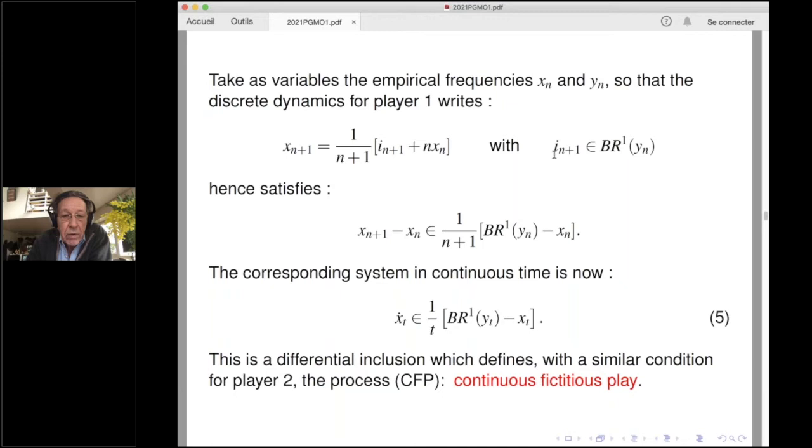Okay, this is a discrete differential inclusion. Okay, the difference in the average move of player 1 is a point in this set. Okay, so the corresponding system in continuous time will be x dot, this is the time derivative, belongs to 1 over t times br1 of y minus x. Okay, this is now a differential inclusion, which defines with a similar condition for player 2 what is called the continuous fictitious play process, CFP. Okay.